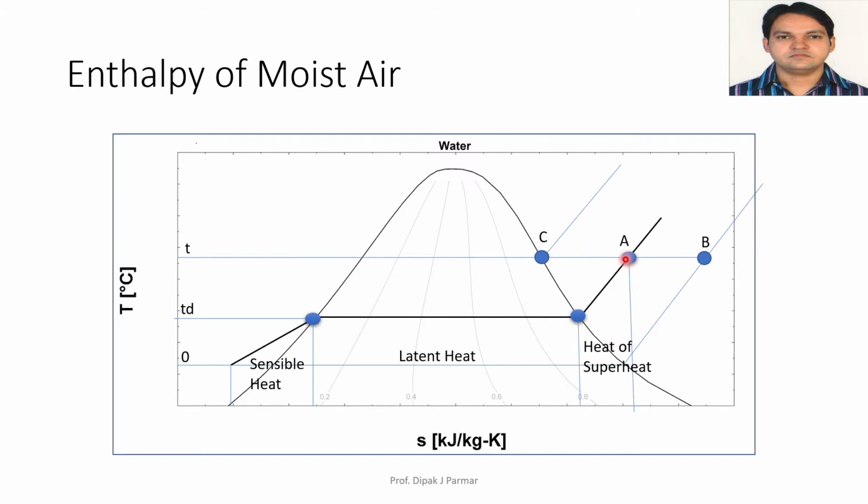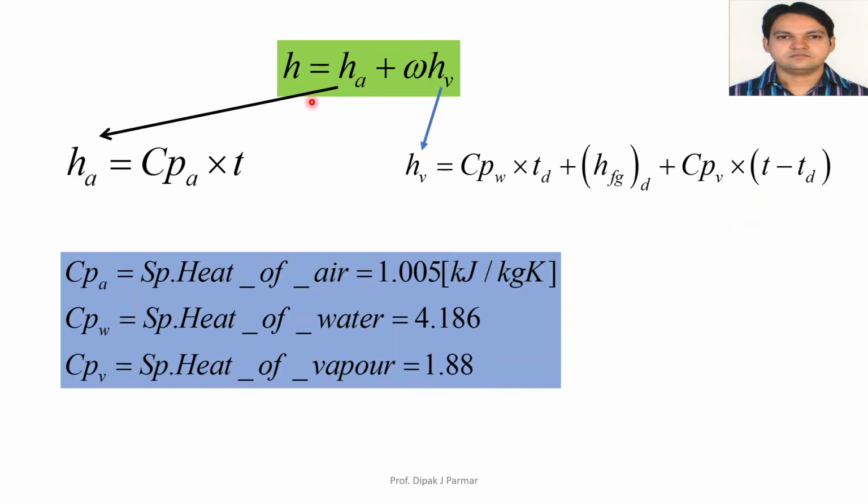You multiply this value with omega, that is the specific humidity, and the summation of the enthalpy of dry air plus the enthalpy of water vapor times omega, the specific humidity, will give the enthalpy of moist air, where HA is Cp into T, where Cp is the specific heat of air, that is 1.005 kilojoule per kg Kelvin.